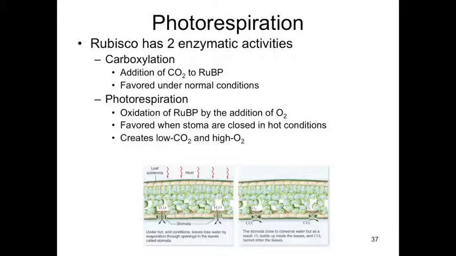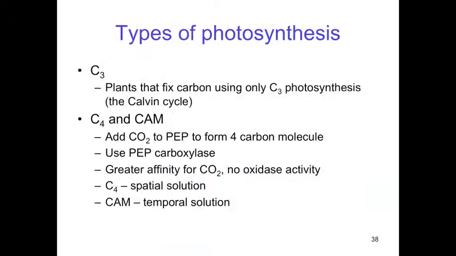Now, there are a couple of solutions to this because obviously this is not a beneficial situation. We've already examined the C3 plant. This was where we were fixing carbon using the Calvin cycle and creating 3 carbon sugars for the first carbon fixation. So we fixed carbon onto a 5 carbon RuBP and instantly split it into 2 3 carbon sugars.